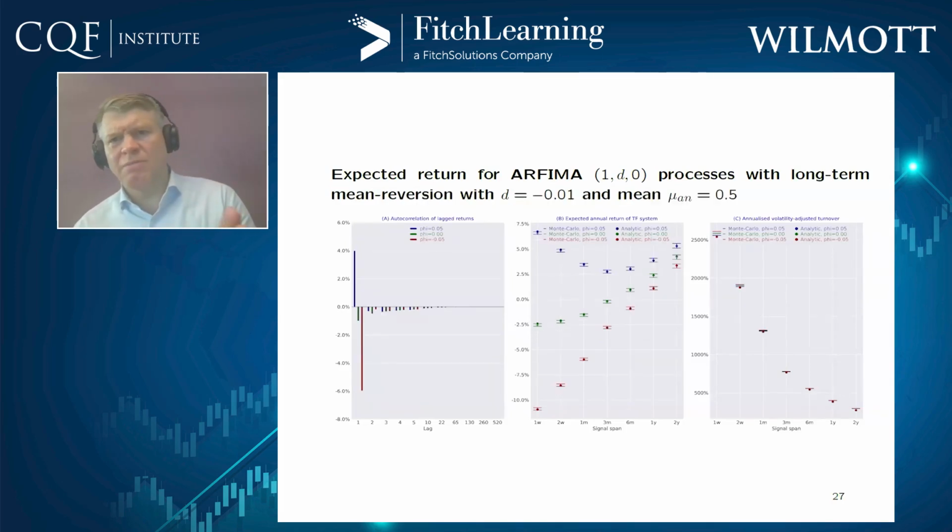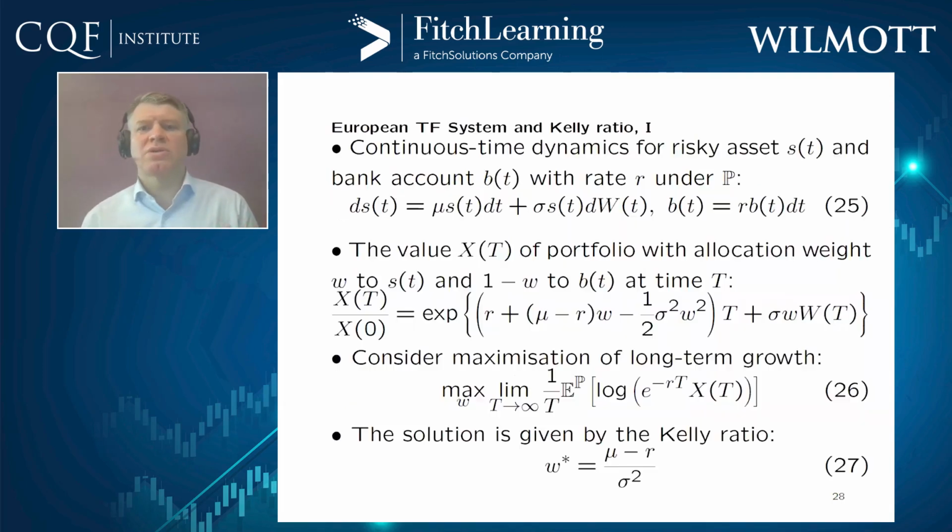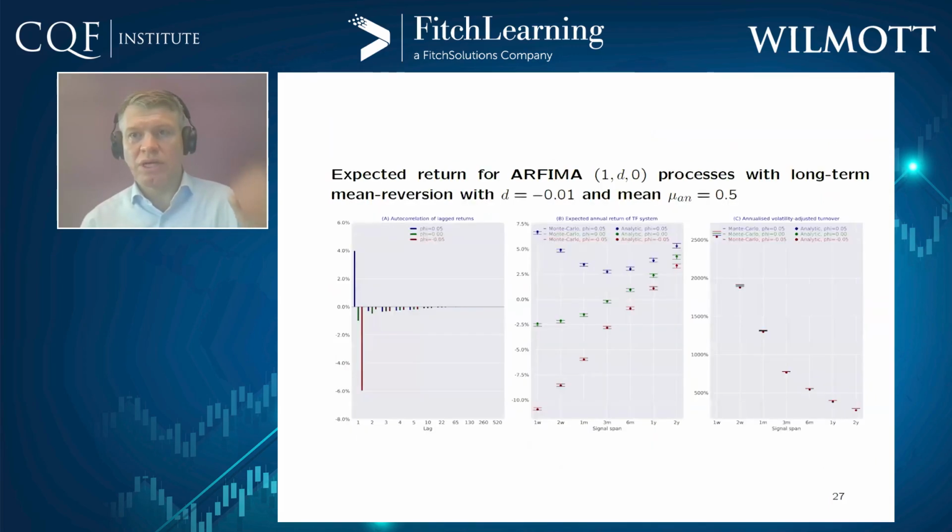And you have different combinations, say when markets are mean reverting long term but there is a positive drift. It is a way to understand the impact of different assumptions on the drivers of returns, what drives returns, and how we should optimize our trend following system.